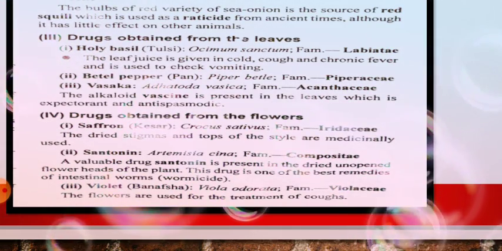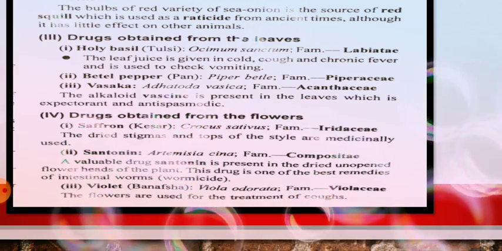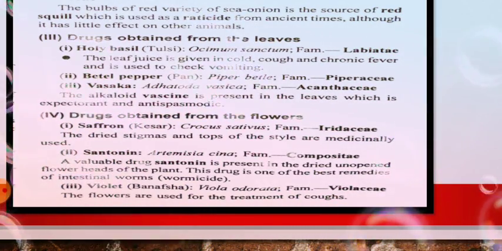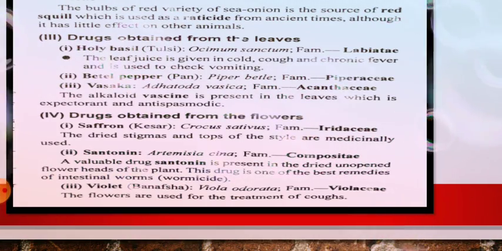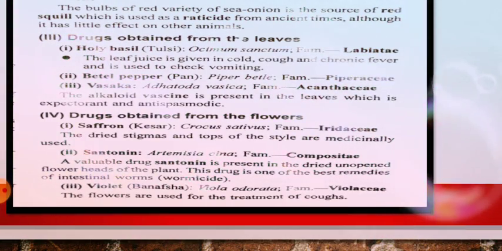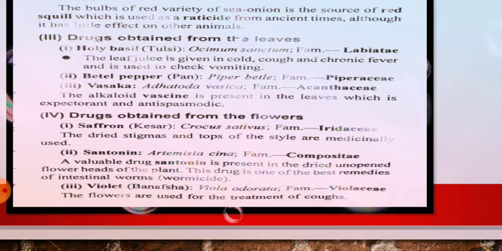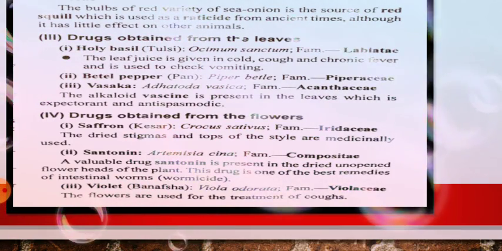Then comes santonin. Santonin is obtained from Artemisia sina, and it belongs to the family Compositae. The valuable drug santonin is present in the dried unopened flower head of the plant.